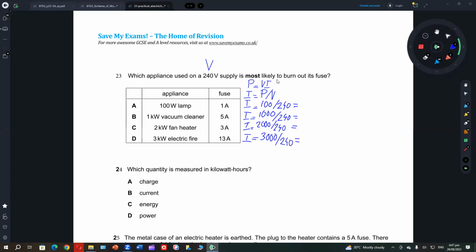Now I have done all the calculations. 100 divided by 240, 0.416.